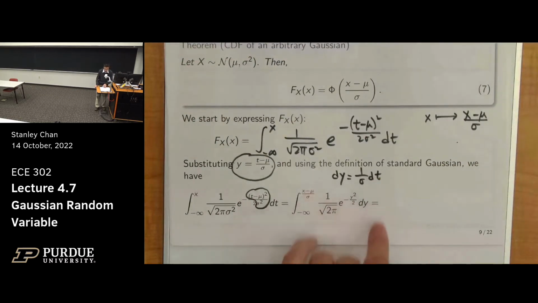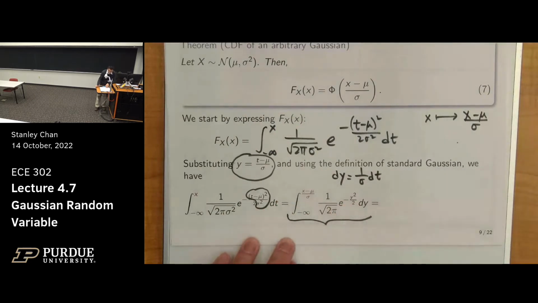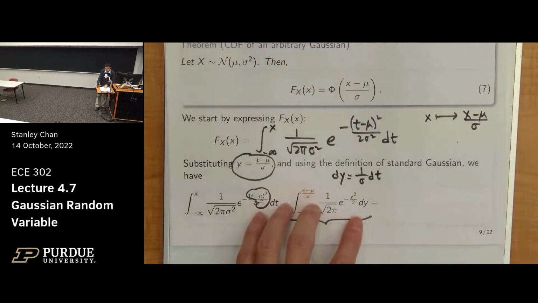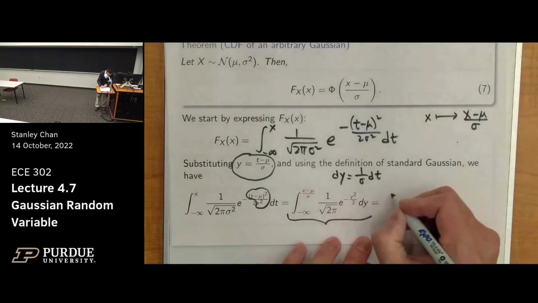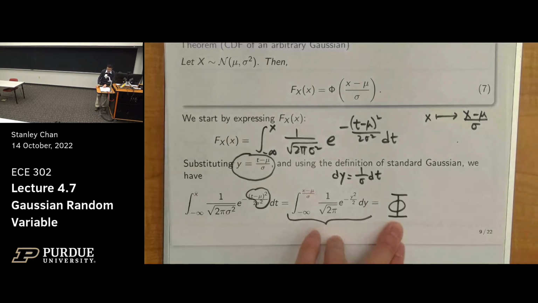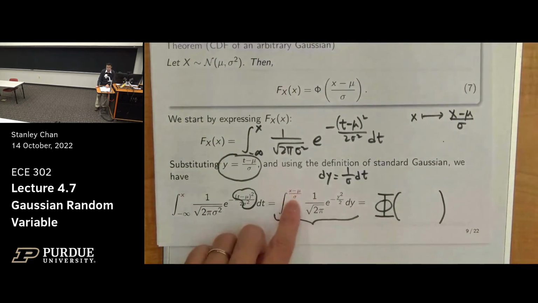And so when you do this substitution, you can see that you can end up having this integral. This integral is integrating from minus infinity up to a point, whatever point it is, and then you are evaluating a standard Gaussian PDF. And therefore, this is just your standard Gaussian, which is your phi function. And then the thing that you're going to put in will just be the upper limit.